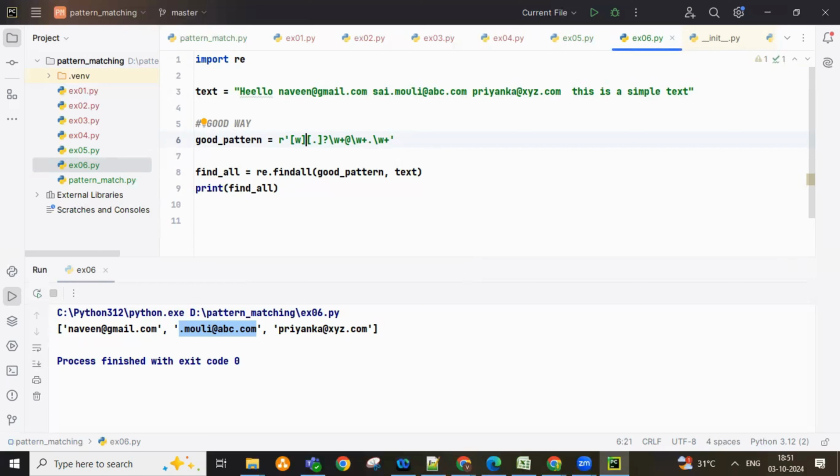If I use W, word character, slash S, so I can mention. Oh, I cannot mention numbers. That's fine. Plus, let's try. Nothing. Okay.